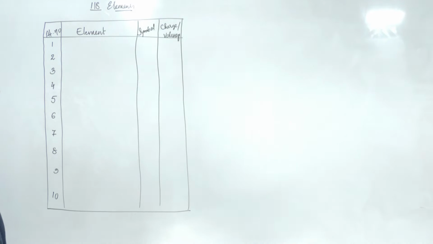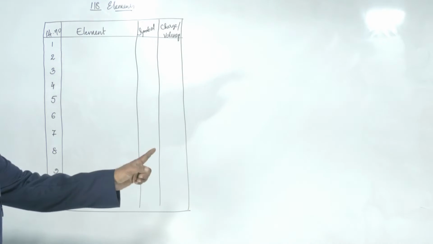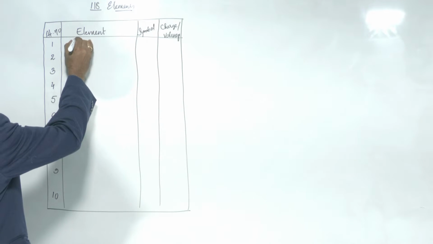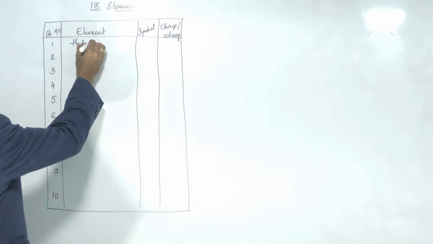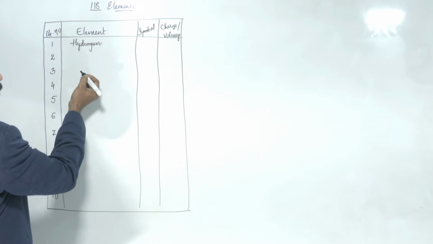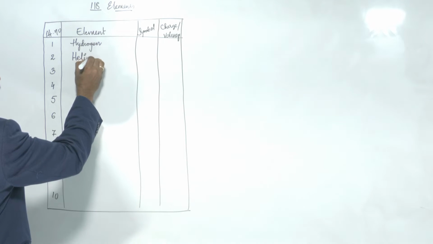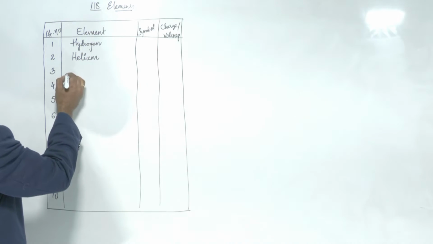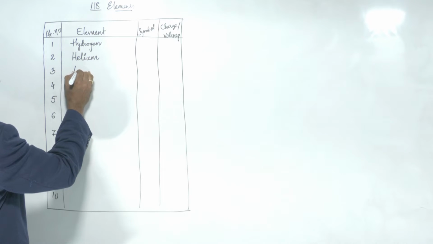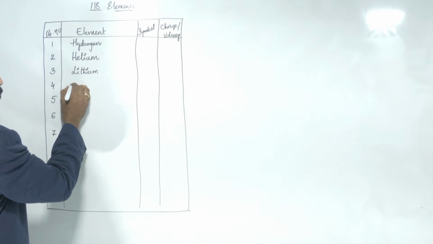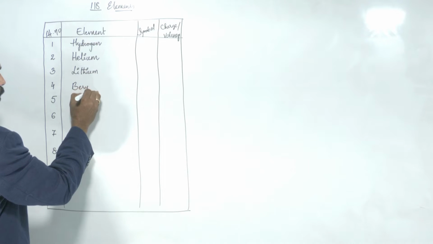So 10 elements we write, and after that I go to the next and next, right? So the first element is hydrogen, right? Second element is helium. Okay. Third one is lithium. Fourth one is beryllium.